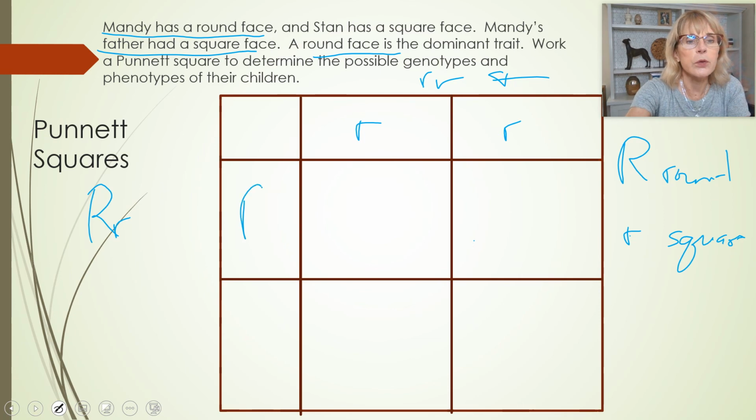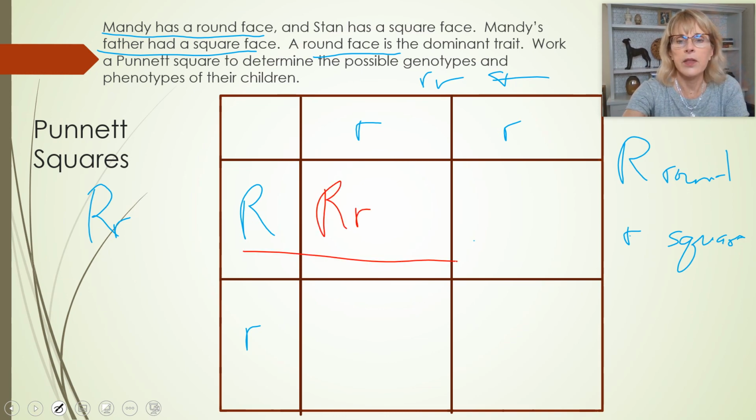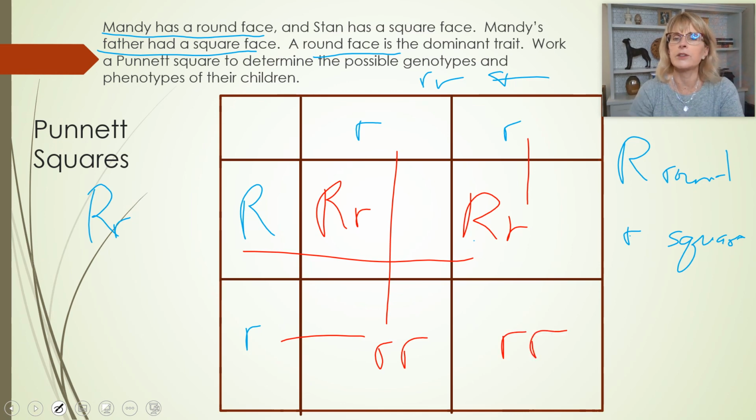So she will make eggs that are capital R and eggs that are lowercase r. So if we work this Punnett square, we will get capital R, lowercase r, and then capital R, lowercase r, and then we'll get lowercase r, lowercase r, lowercase r, lowercase r.